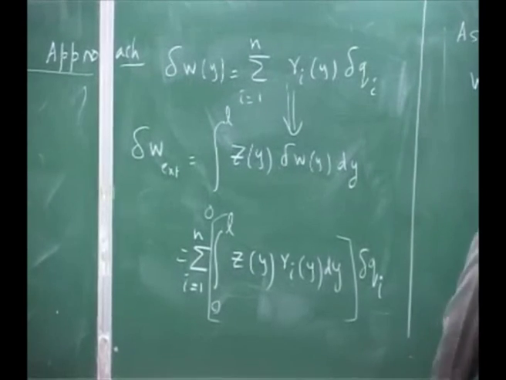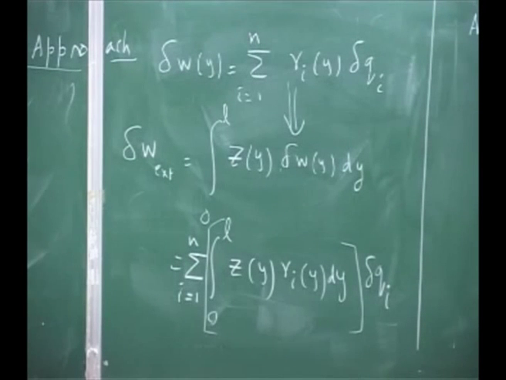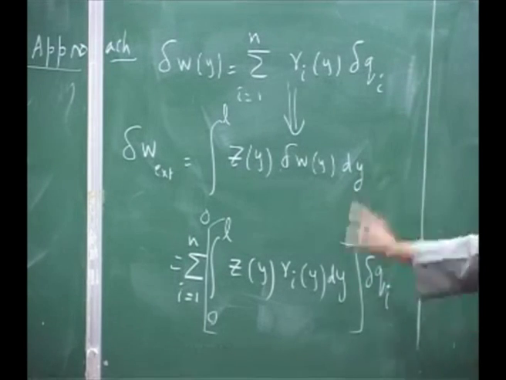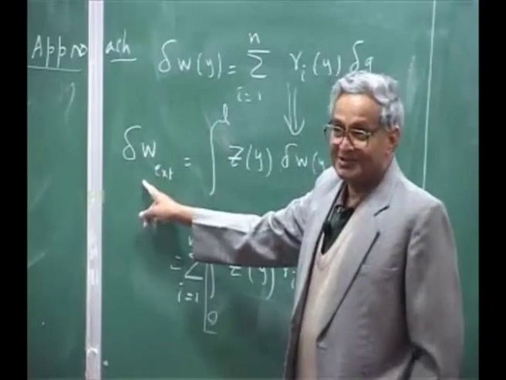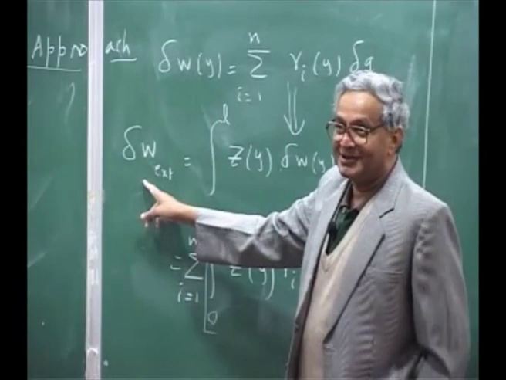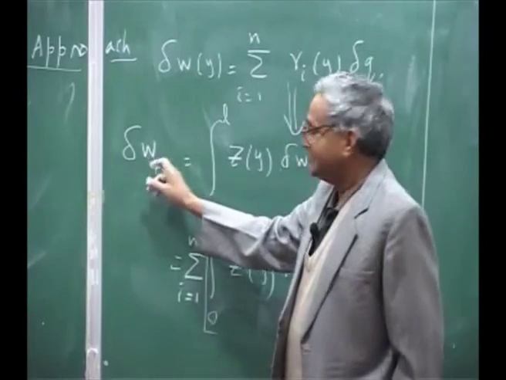Now similarly you have to write the strain energy. Now we got external delta W. So please note that this W is different from this W. Okay, don't have a confusion over the W's. This is deformation, this is the work.